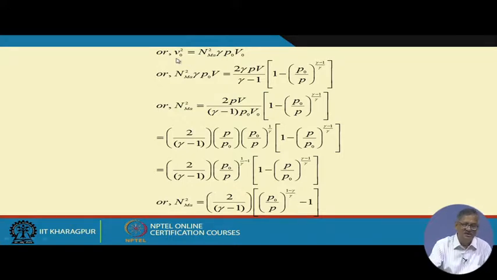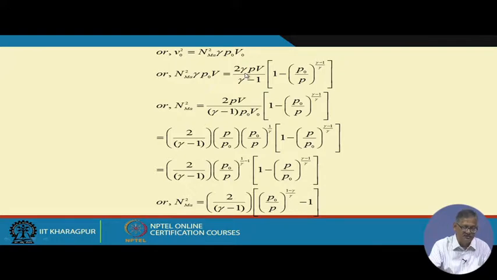Then we squared this: V0 square is equal to NMA square gamma P0 V0. So, we can write NMA square gamma P0 V0 is equal to this V0 square.